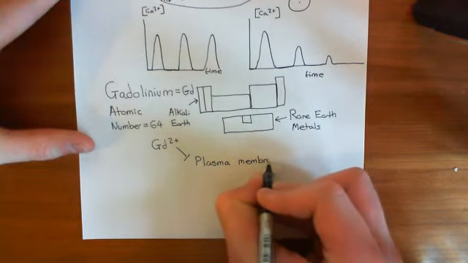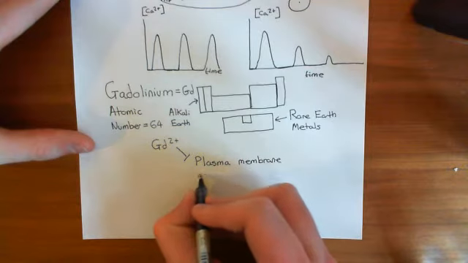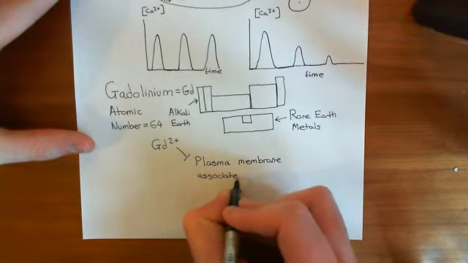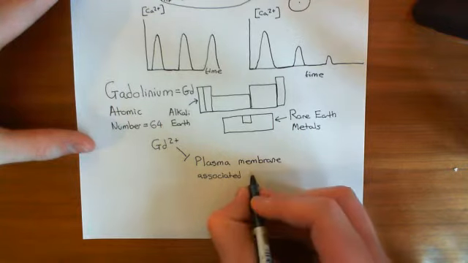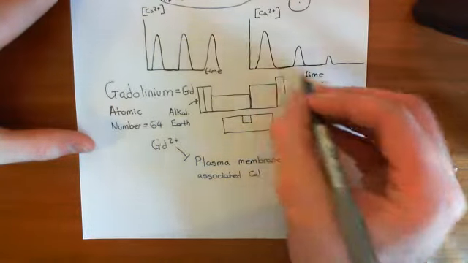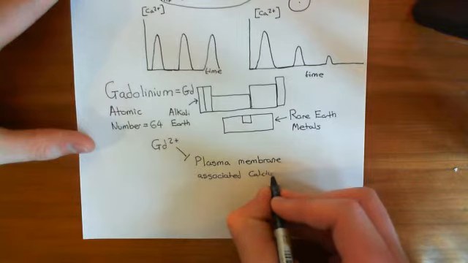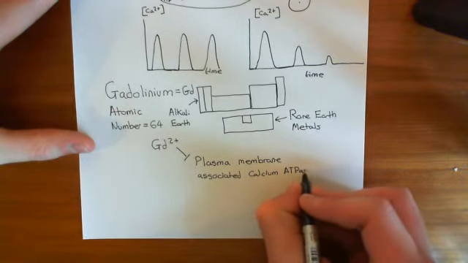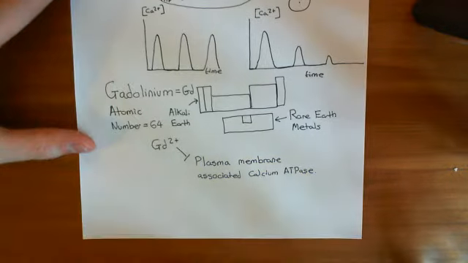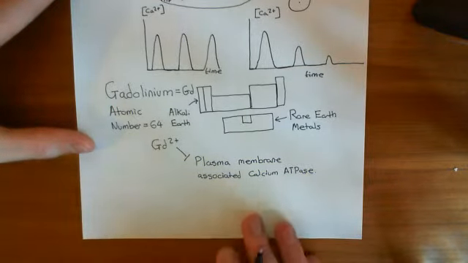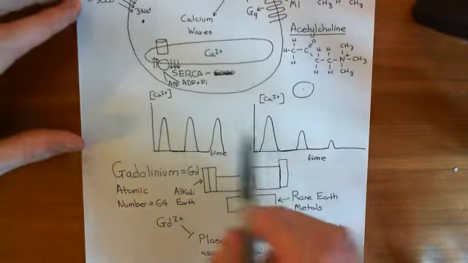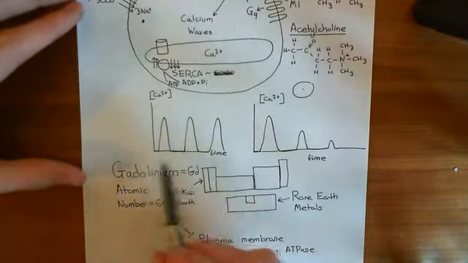Which is the protein that is pumping this calcium out and is causing the reduction in calcium in the endoplasmic reticulum, and is responsible for this tailing off of the calcium waves that we're seeing here. So, if we block the plasma membrane-associated calcium ATPase with gadolinium ions, we would expect to no longer see the tailing off of these calcium waves, but instead to see this pattern again.